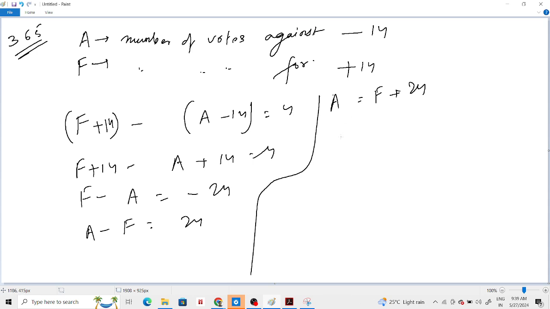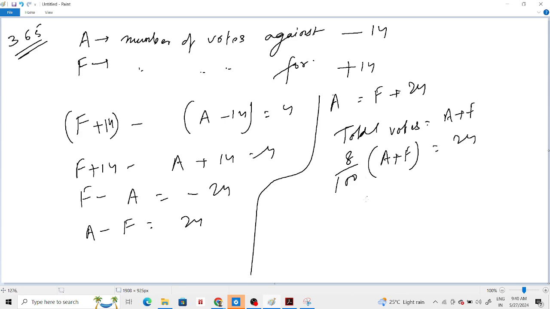Now, so total votes are what? Total votes are A plus F. Now see, 8% of these total votes is equal to 24.